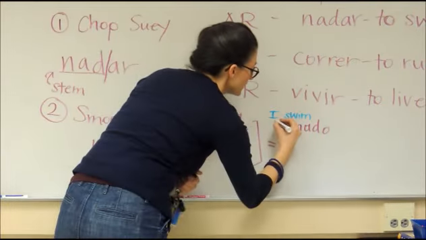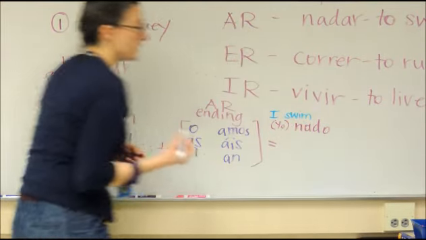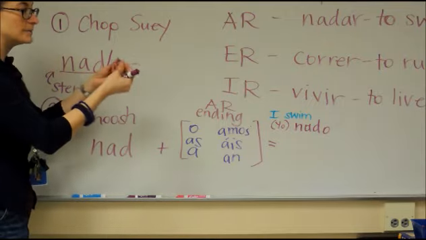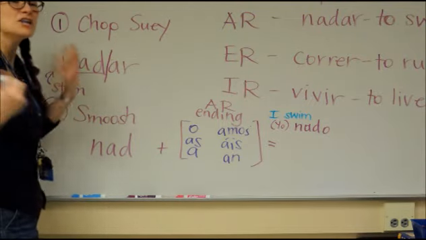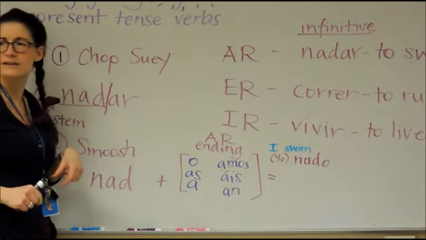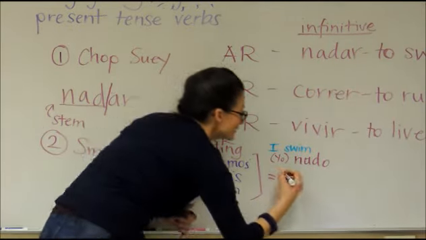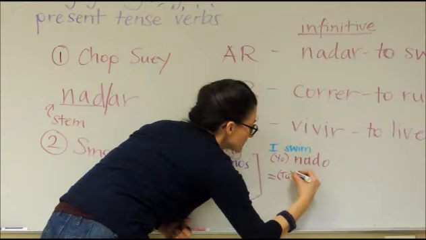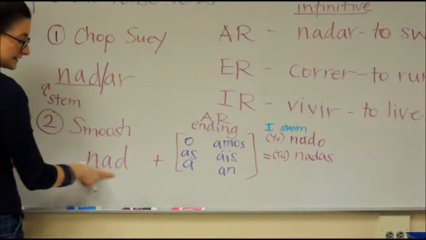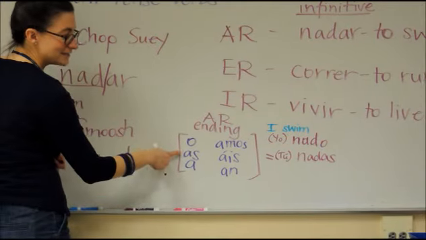I'm going to write here in parentheses the subject pronouns so that you can see tangibly what it means. How do you say you swim informally, to a friend? Muy bien. Tú nadas. Do you see how that goes? This is the stem and you add it to this ending.